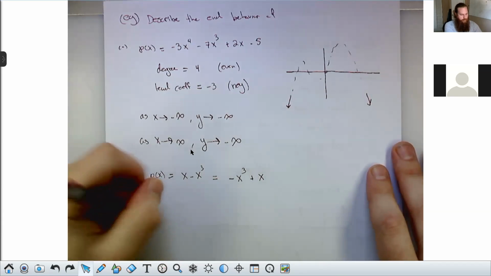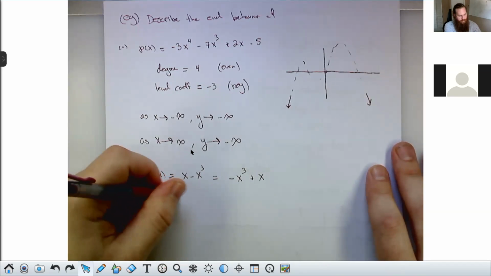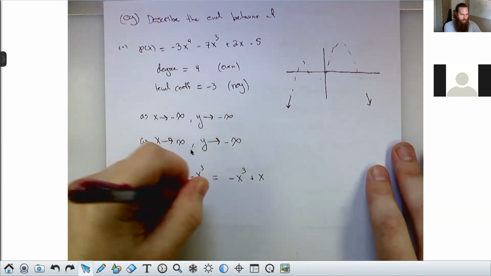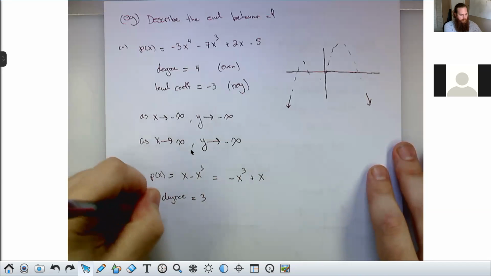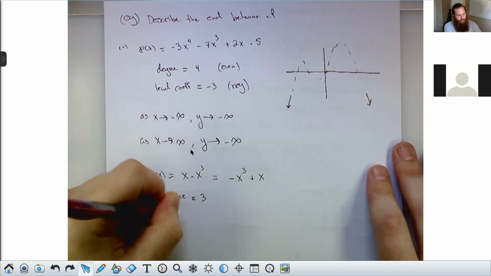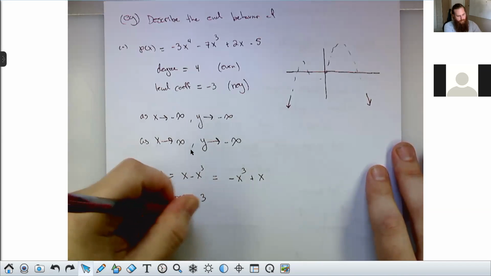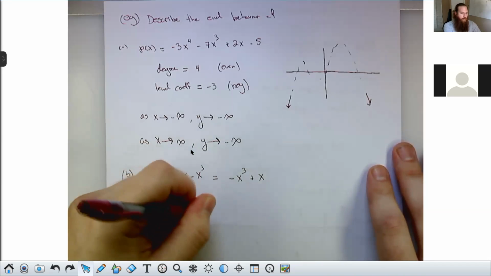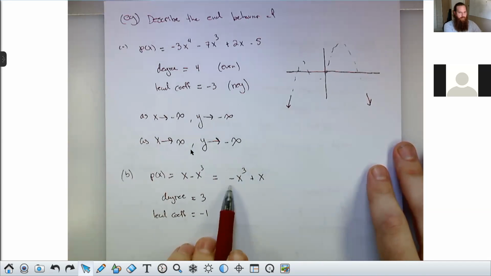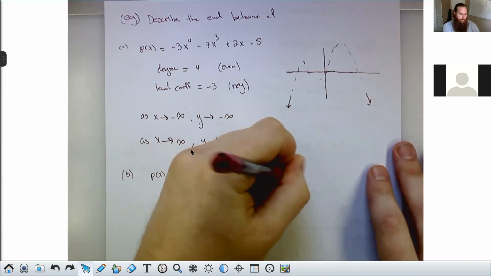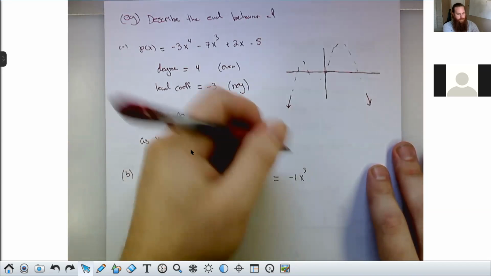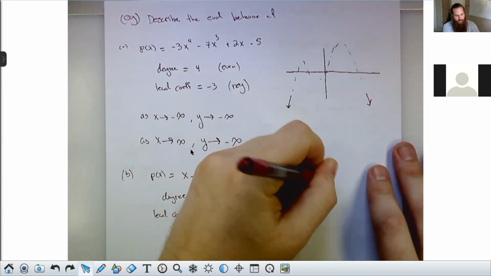This is a degree 3 polynomial, because the largest power of x I see anywhere is 3, and the lead coefficient is negative 1, because this negative attached to my x cubed is the same as negative 1 times x cubed, plus x.